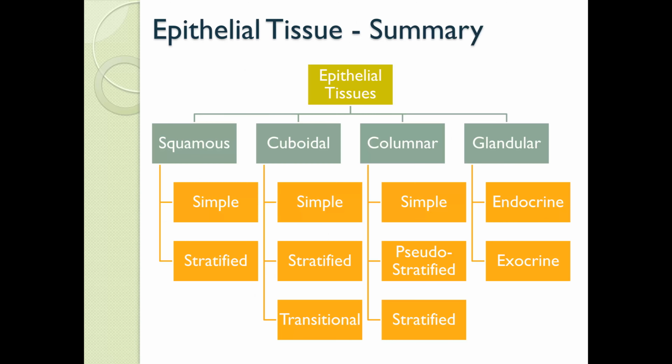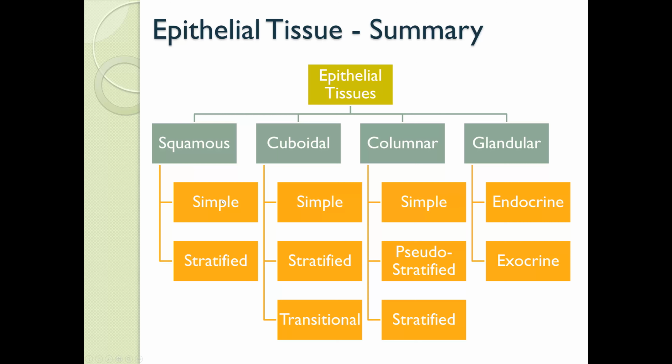And then here is a summary of epithelial tissue. All right, so remember, epithelial tissue is going to be found in areas that need linings. So linings of surfaces, linings of cavities, inside of organs, outside of organs, etc. Epithelial tissue can be divided into the squamous shape, and you have simple and stratified squamous.